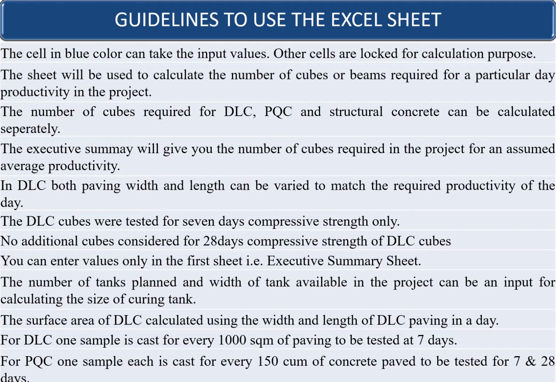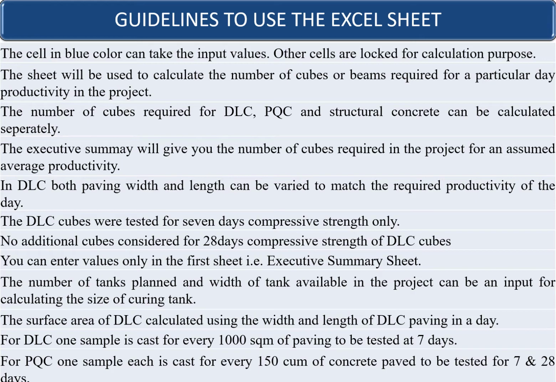Some of the guidelines to use in the Excel sheet: the sheet which is being developed is completely locked. Only the cells which are blue in color will take the input value, in terms of the quantities, the dimensions, the length, width, and the thickness of the paving, and the planned quantity.